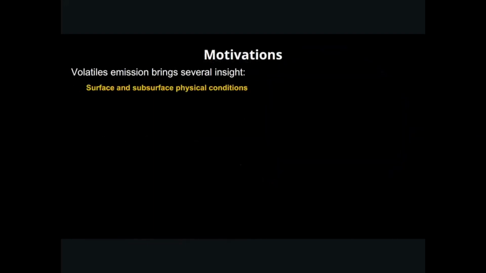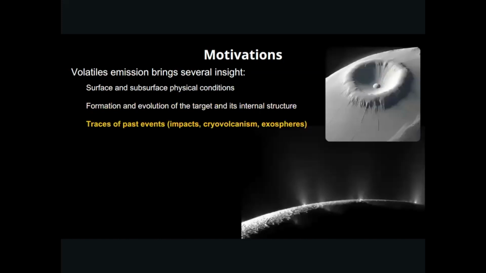So first, as any observable, they bring several insights. First, concerning the surface and subsurface physical conditions, as well as the formation and evolution of the main body that you are interested in, and eventually its internal structure. But they can also trace past events like impacts and cryovolcanism or the formation of exospheres.